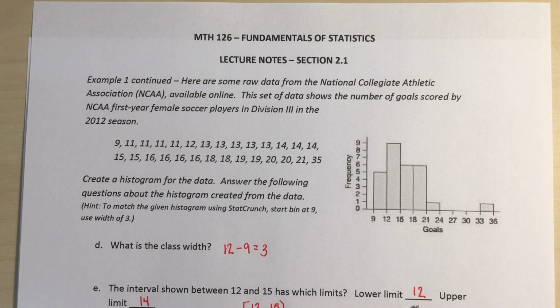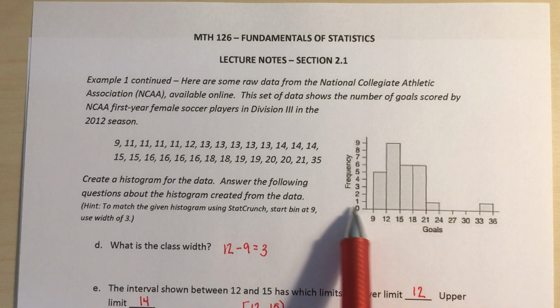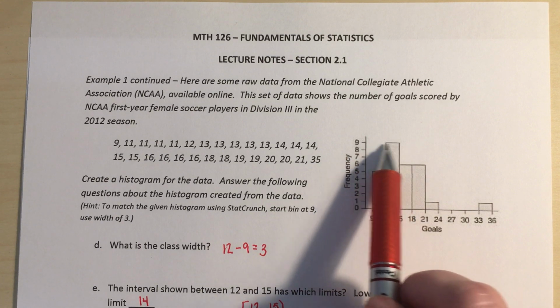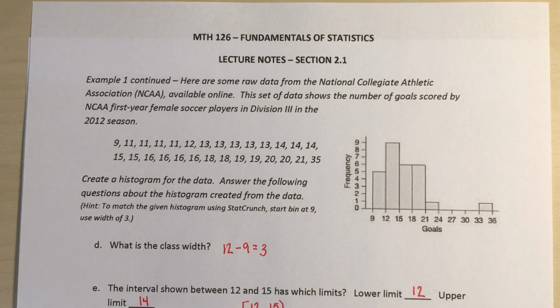So our lower limit is 12 and our upper limit is 14 instead of 15. How many players fell into this class between 12 and 15? Using the frequency label along the left, we go up and see that this lines up with a frequency of 9. So we're going to say 9 players.